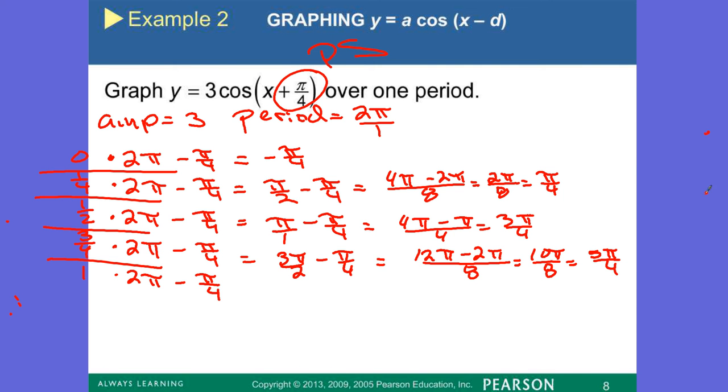I still got the last one. Okay. Last one. 2 pi over 1 minus pi over 4. I said pi and I still wrote 2. So 8 pi.